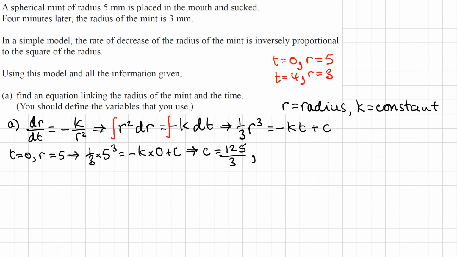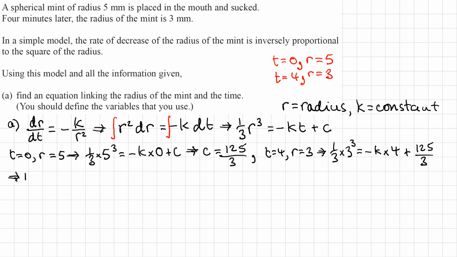We'll now use the t equals 4, r equals 3 bits of information. And this time what we'll get is 1/3 times 3 cubed is equal to negative k times t, which is 4, plus c. Now I've worked out c, so we'll put that in. So plus 125 over 3. So we can rearrange that and solve it, so we can work out what k is.